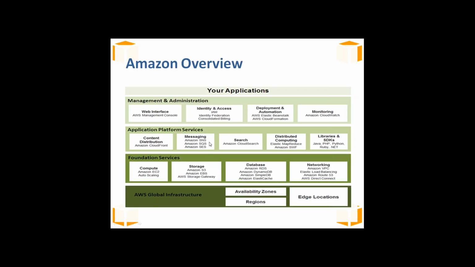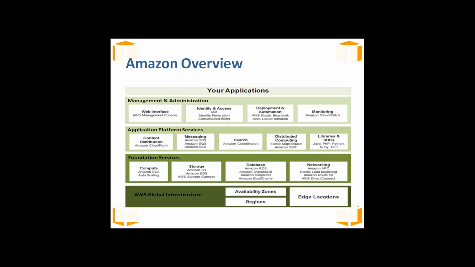Moreover, it doesn't need a virtual private server, that is, in general, EC2. In this course, I'm going to use Amazon Simple Storage Service in order to store an image in our application.